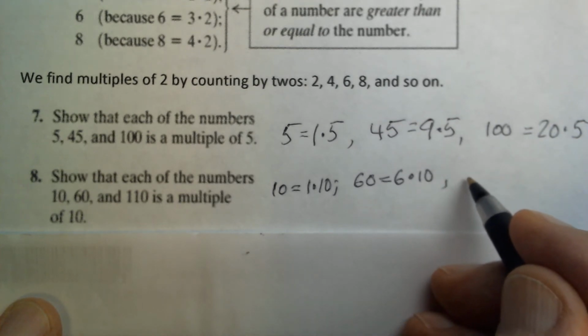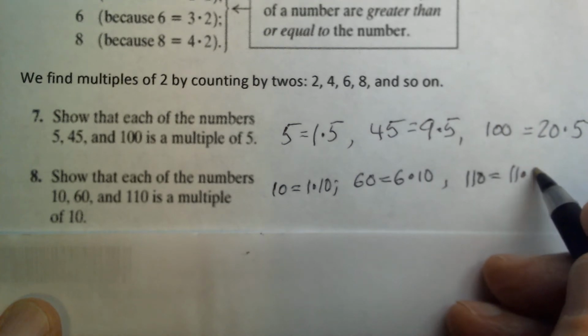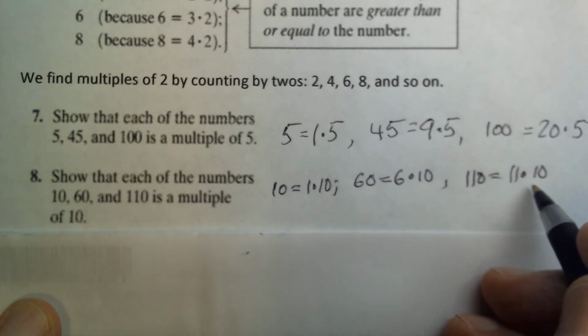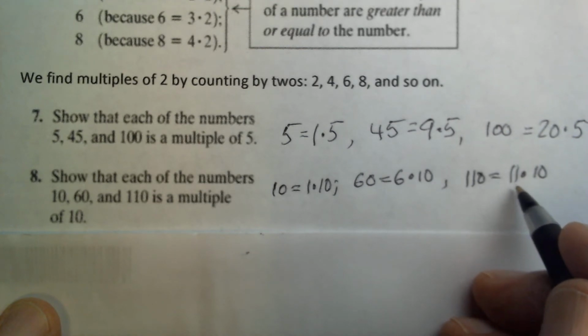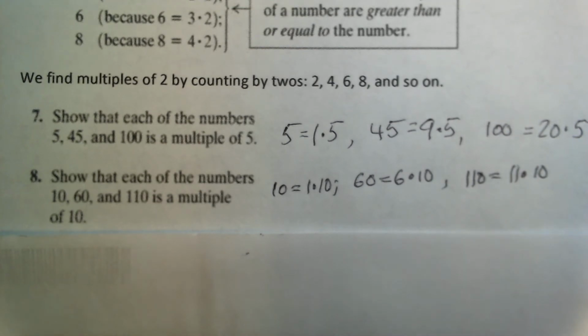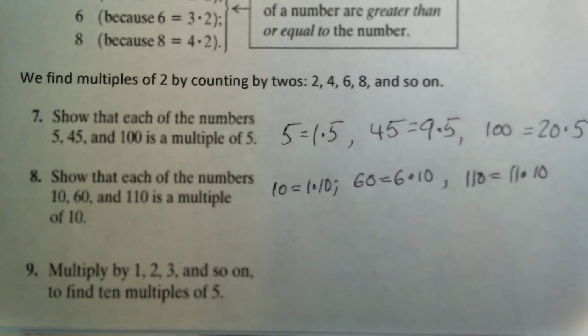And 110 we can write as 11 times 10. Again, it is a multiple of 10. The multiplier, the factor, is 11. So these are pretty simple exercises, and I hope that you find it very easy to do also.